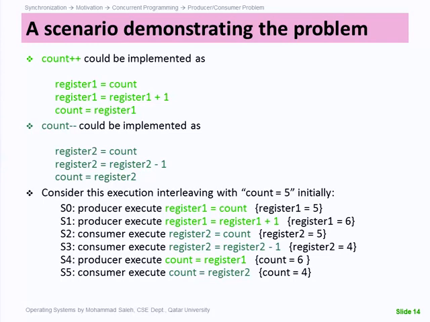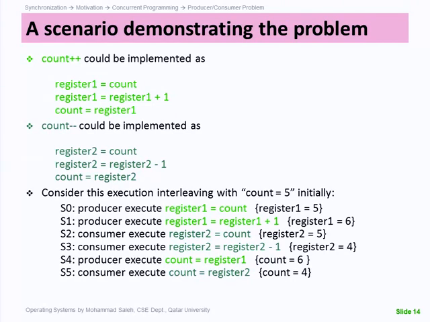In particular, the producer now is executing the statement count plus plus. So the very first instruction is to move the value of count to register 1, which is 5 in register 1. But count is still 5. And then, after that, increment that register by 1, so we have 6 in register 1, but count is still 5. At this point of time, we have a context switch.